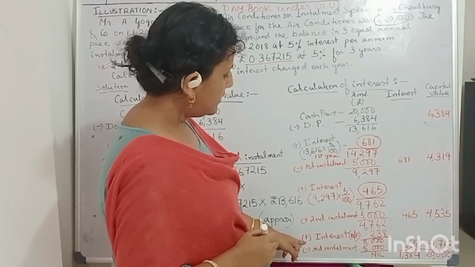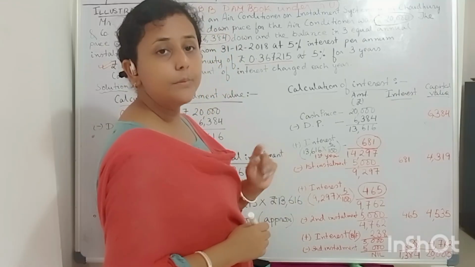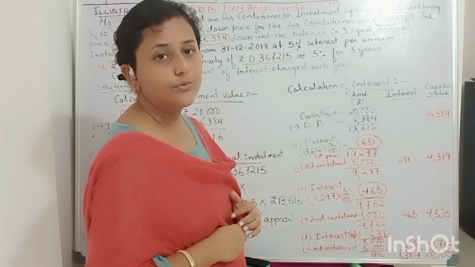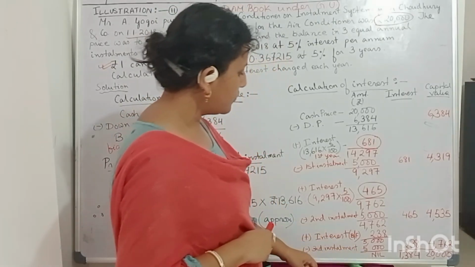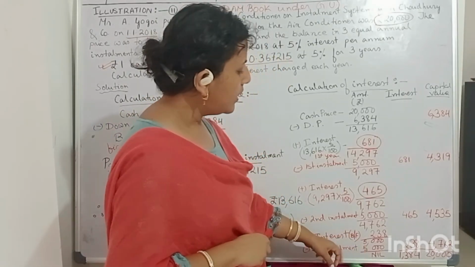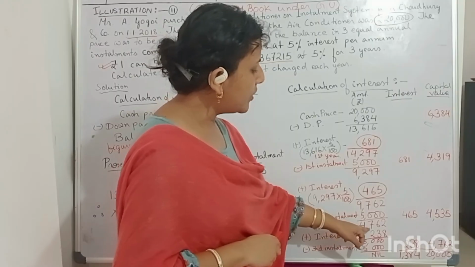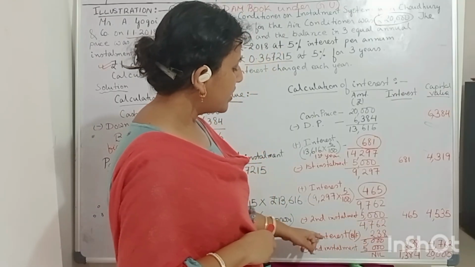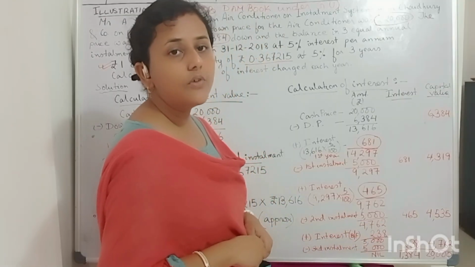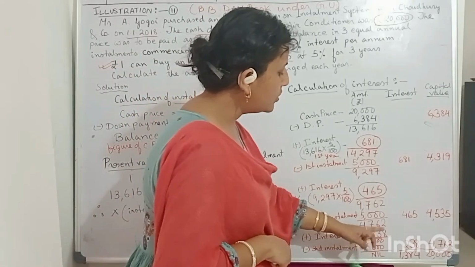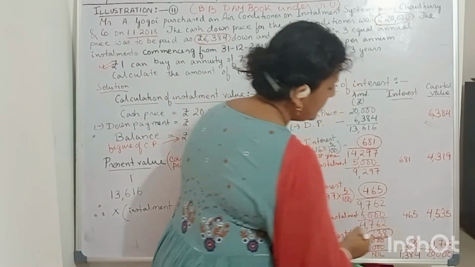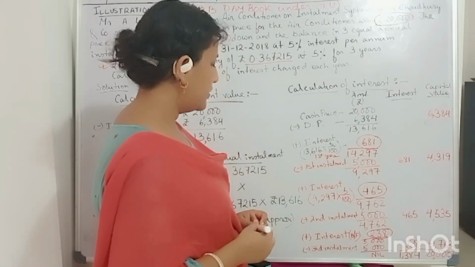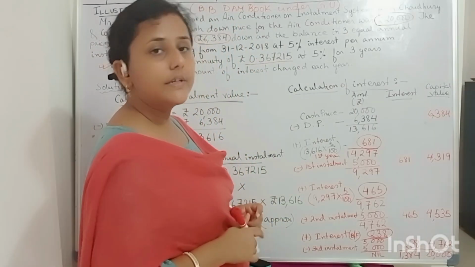Then third year's interest will be the balancing figure, as I have taught you. So what is the third installment? It is 5,000. So 5,000 minus this amount, 4762, you will get the balancing figure of interest, that is 238. 238 is the amount of interest for the third year.